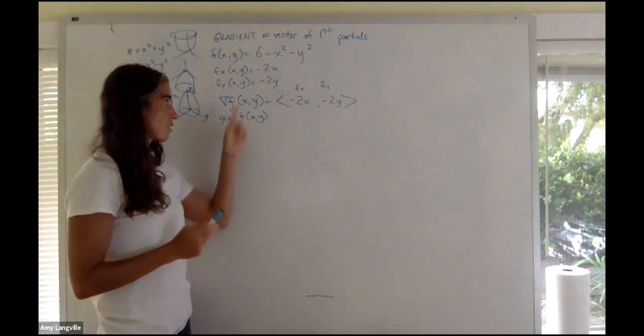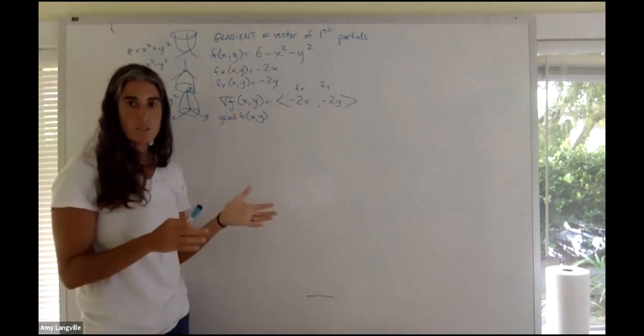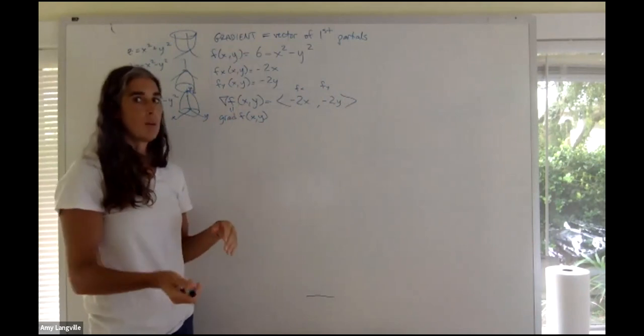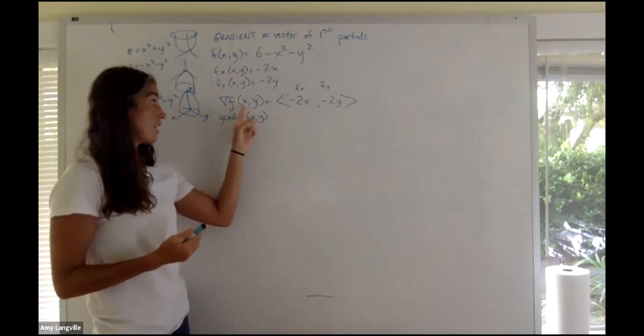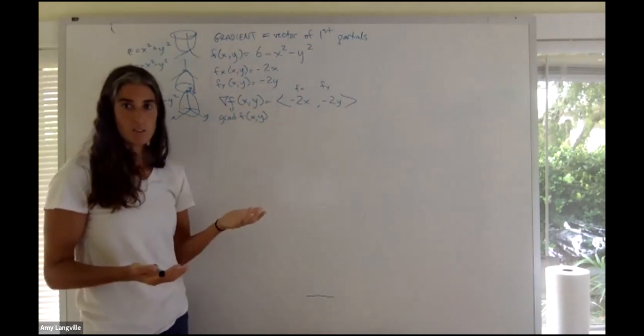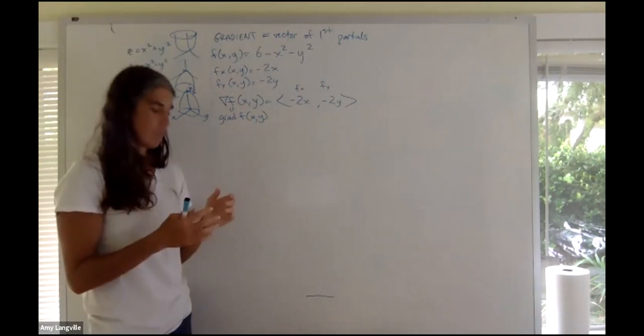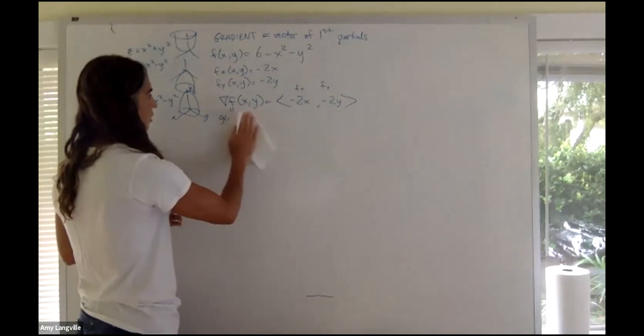And notice that this gradient is a vector function. So we haven't seen those yet, and we'll see them a whole lot more in section 3.5, but it's our first vector function, which means it takes as input an x and y, and it spits out a two-dimensional vector. Well, let's go ahead and graph a few of these vectors at particular points to try to see what's happening here.